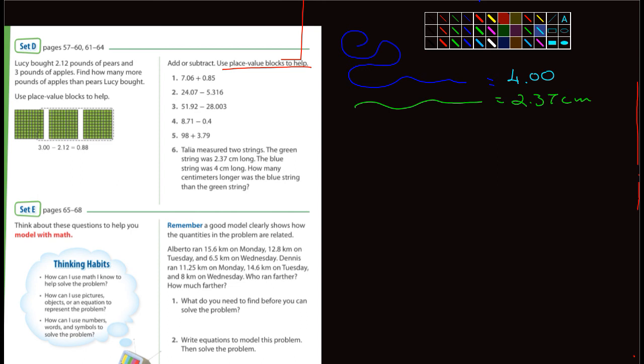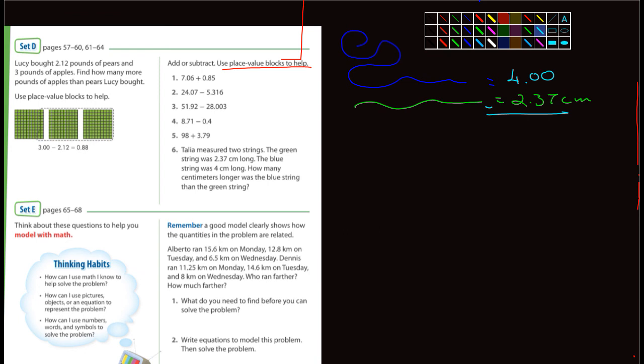So we need to find the difference between the two. And so we're subtracting those two. So you're going to have to borrow, if you want to do it a traditional way. There's a couple different ways you could look at this. Several ways are going through my head that I could show you guys.